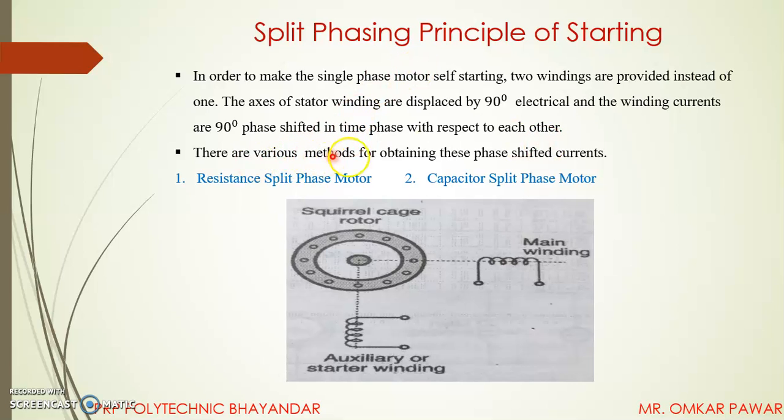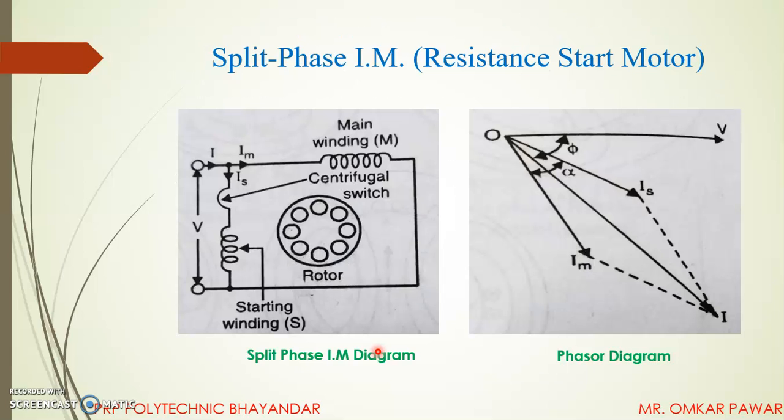There are various methods of obtaining this phase shifted current. Basically, in this syllabus there is the resistance split phase motor and the capacitor split phase motor. The single winding is split into two windings and placed at 90 degrees to each other in space and time in order to produce a rotating magnetic field.